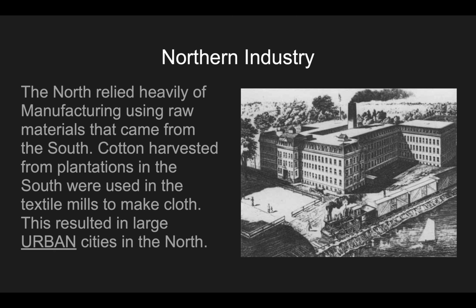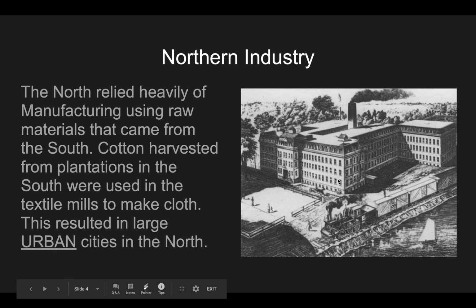They would also use ports to go fishing. They didn't really rely on planting and agriculture too much. They would actually use cotton that was harvested in the South. It was sent up to the North, and it was processed in these plantations, which are these factory-looking things where they were made into cloth using textile mills.